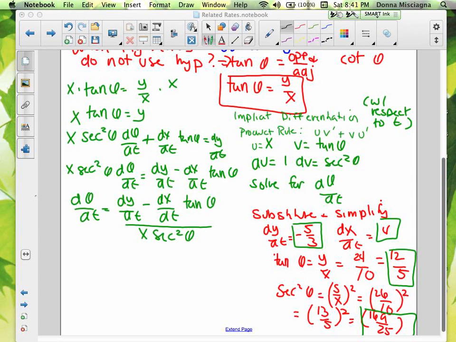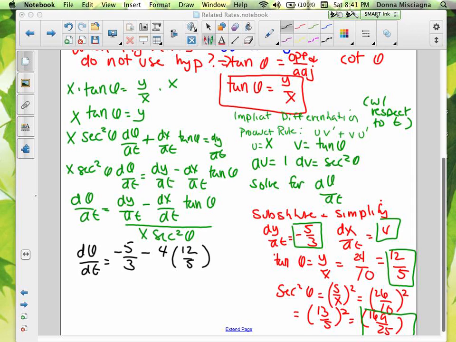So we have d theta dt equals dy dt, which was negative 5/3, minus dx dt, which is 4, times tangent theta, 12 over 5.